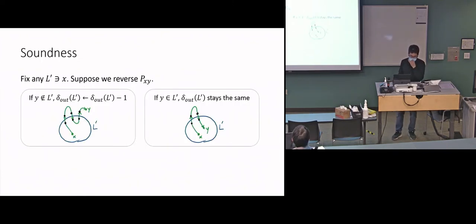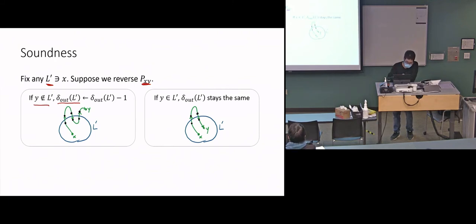Let's analyze it a bit. If you fix an L prime that contains x, and if you reverse the path xy, if y is outside L prime, then you know that the cut size will reduce by exactly 1.